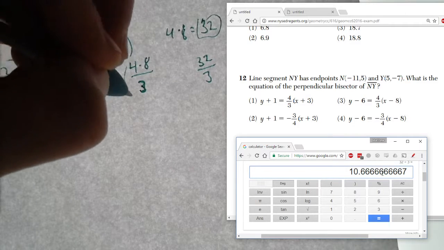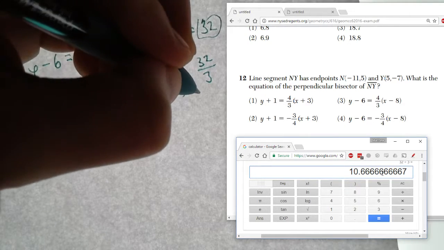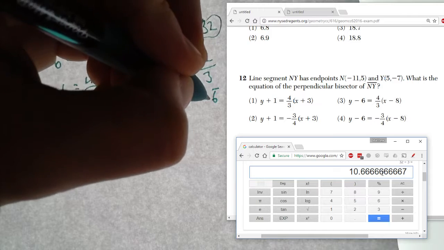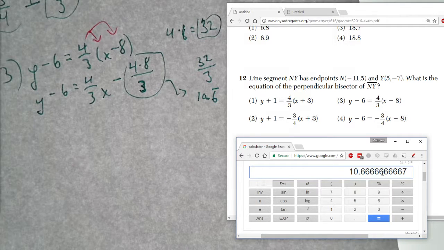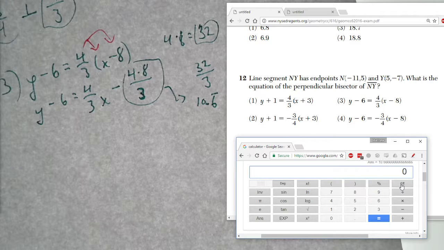So I know that this whole thing is going to come out to be 10.6 repeating. You could have alternatively just plugged that whole thing into your calculator, 4 times 8 over 3, 10.6. I like to do stuff on paper sometimes, a little bit.